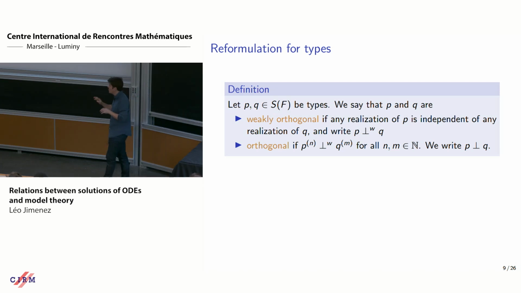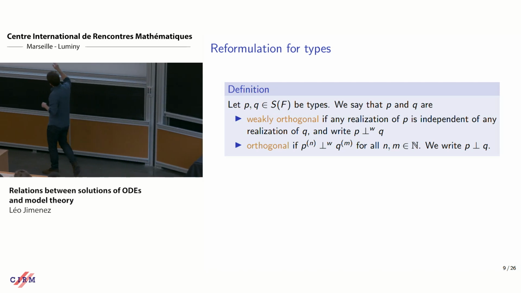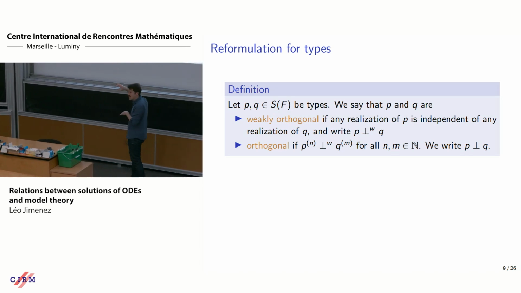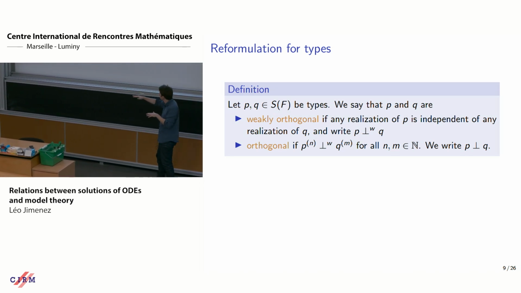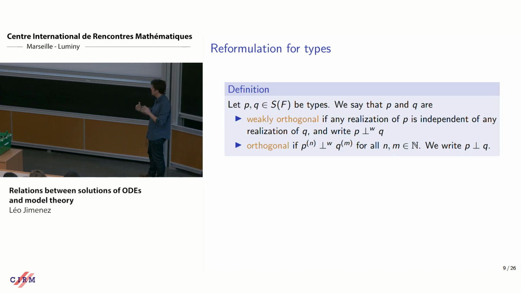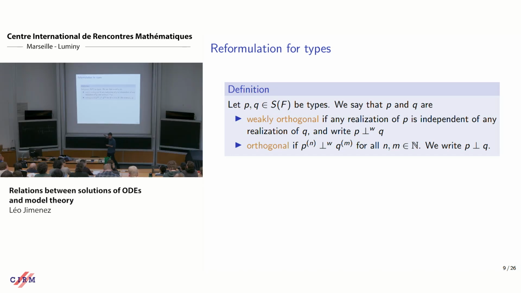And we say that they are orthogonal if I take powers of my types, n and m independent realizations, and they are still independent over F. No matter how many I take, I never find a relation. So, weakly orthogonal, orthogonal. Of course orthogonal implies weakly orthogonal, but the converse is false, and I gave you an example a bit earlier.